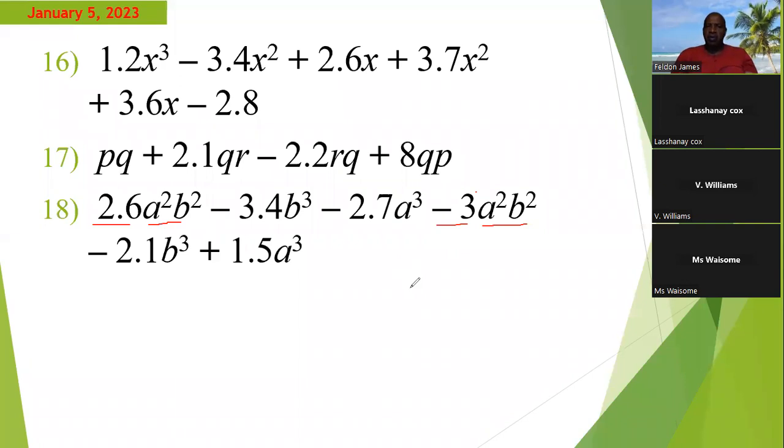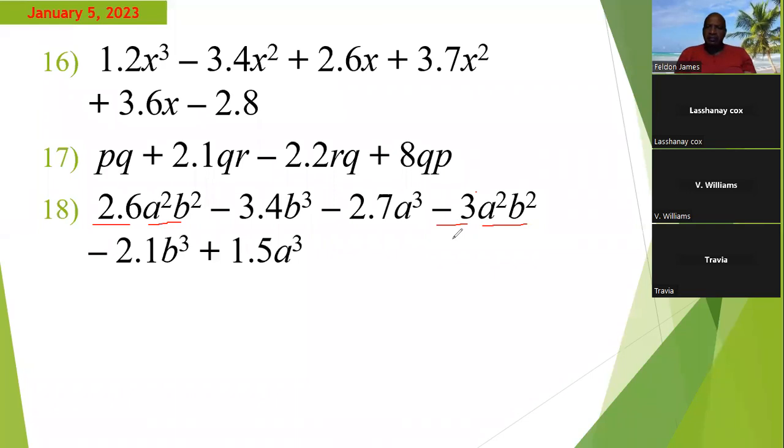Remember, you are always going to take away the smaller one from the larger one and keep the sign of the larger one. So here the smaller one is 2.6. I'm taking away 2.6 from 3, which gives you 0.4. Now, 3 is the larger number and it's a negative, so the answer has to be negative. So the answer when you add these two would be negative 0.4a square b square. You see that?